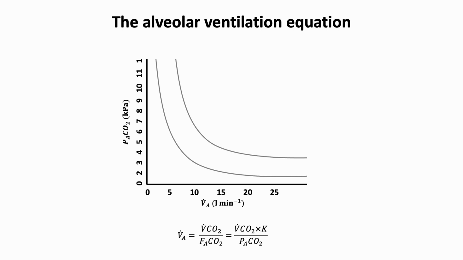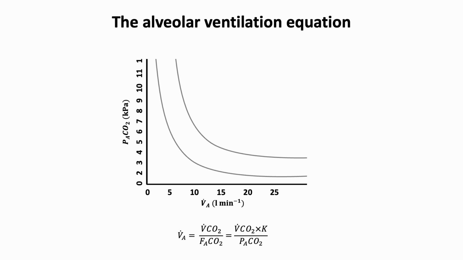And again, you can actually replace that with arterial CO2 because they're very similar, as I showed you before. But the relationship is shown here. So now alveolar ventilation is the independent variable here. And when you increase ventilation, you reduce PaCO2 both in the artery and in the alveoli.